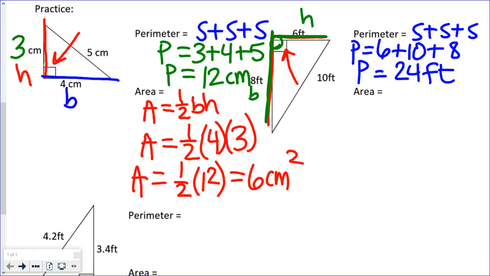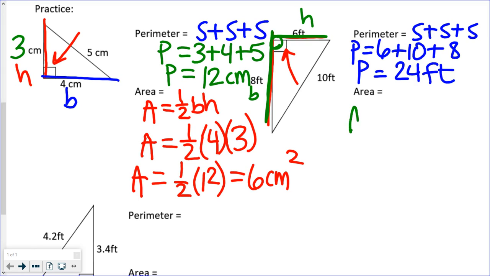But if you were to flip it up so that it's now facing that way, 6 would then be your base, 8 would be your height. So it really doesn't matter which one you choose. We chose 6 to be the height, 8 to be the base.